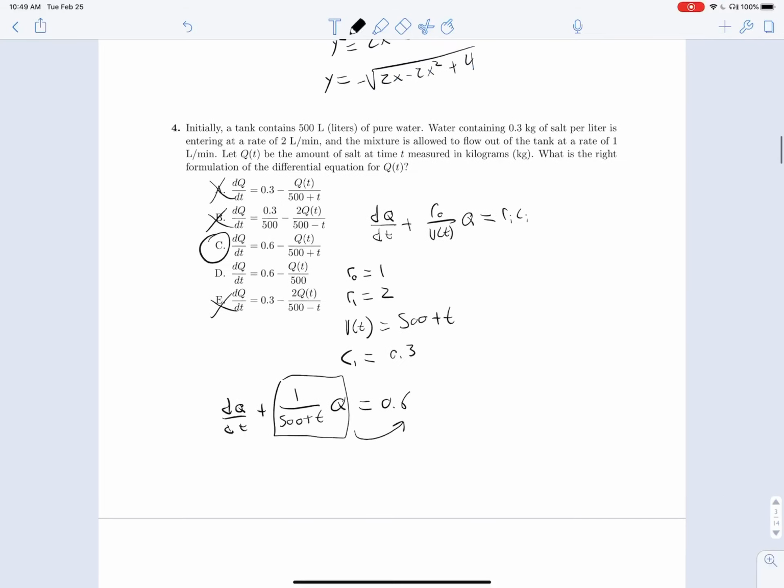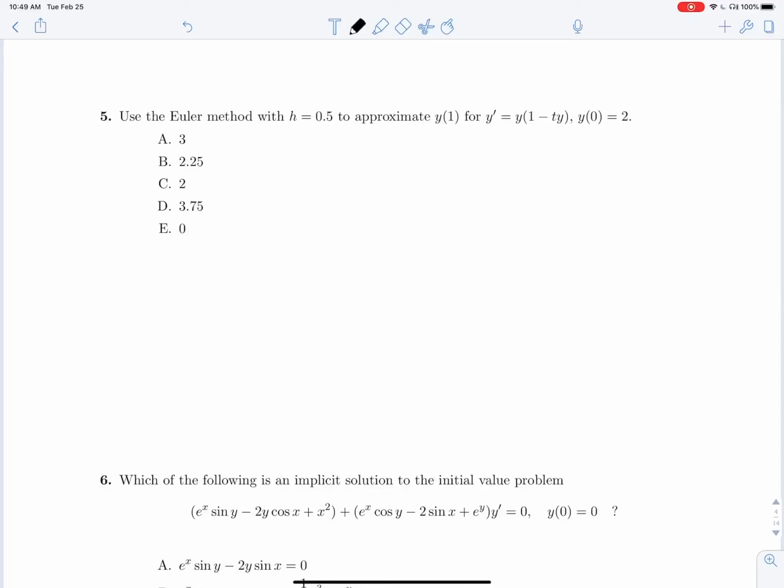Number 5. Use Euler's method with h equals 0.5 to approximate y of 1 when we're given this expression for y prime. So we know that y of 0 is equal to 2, so y of 0.5 we can approximate as y of 0, so 2, plus 0.5 times our slope, our derivative here, y prime, evaluated at y of 0 equals 2.